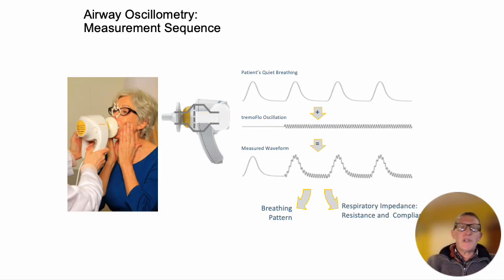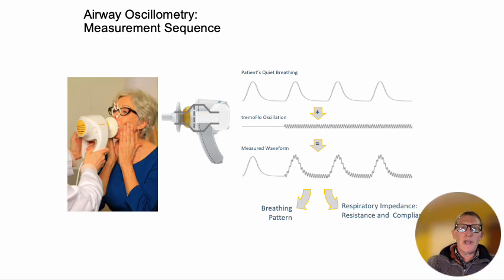So here there's a vibrating mesh which imparts and superimposes sound waves at different frequencies on top of normal tidal breathing. There are two components to what we measure, which is the respiratory impedance, which I'll come to in a moment. One is respiratory resistance, and the other is respiratory reactance.